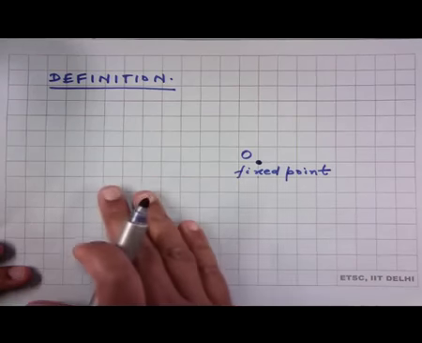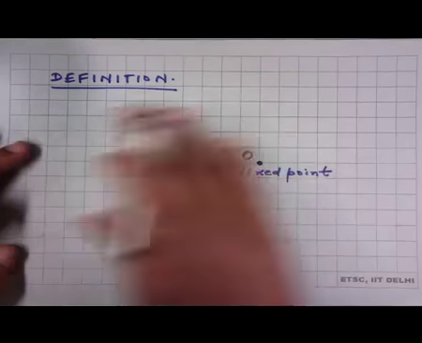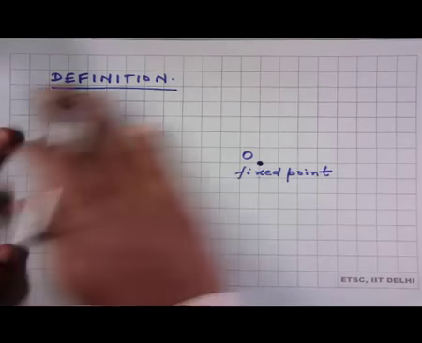Again, when we talk of distance, we are talking of the two dimensional plane, so we are talking of a surface like this.